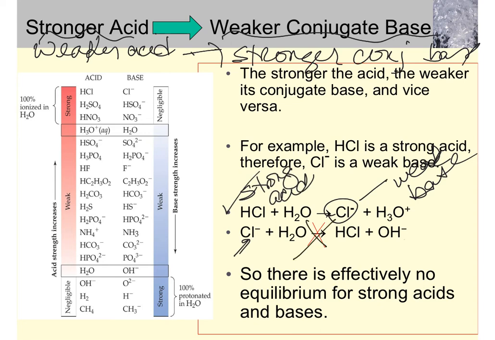This does not happen. Okay? And the reason, so listen very carefully, will make total sense. Because if chloride did in fact pick up a hydrogen ion from water and regenerate HCl, guess what? That does not exist in water because it's a strong acid.